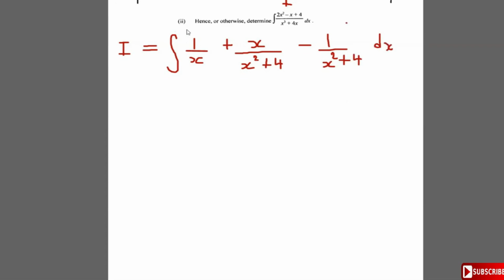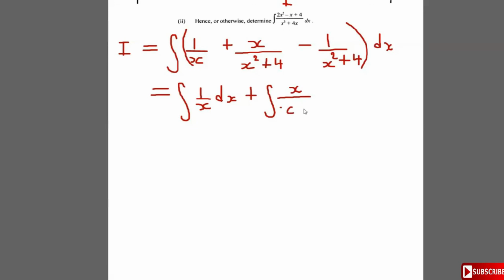Now remember that the integral of the sum is the sum of the integrals, so you can separate this as the integral of 1 over x dx, plus the integral of x over x squared plus 4 dx, minus the integral of 1 over x squared plus 4.